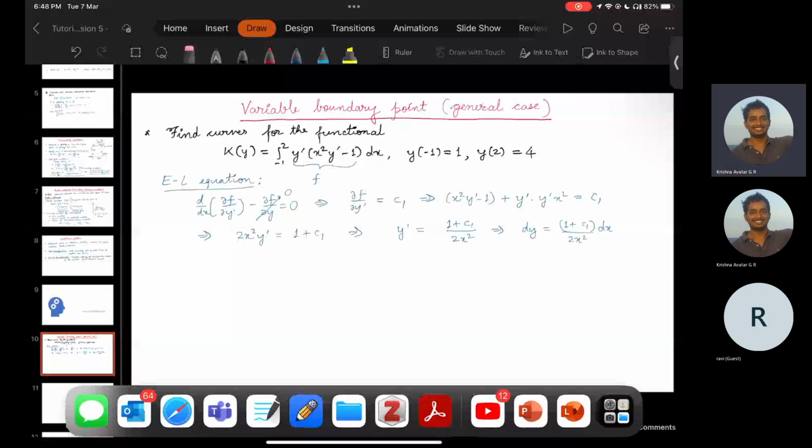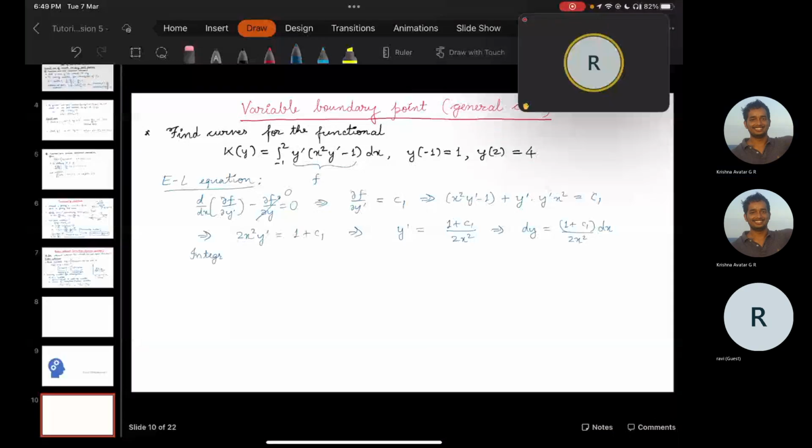Okay, so what we do is let's integrate it. Integrate on both sides.